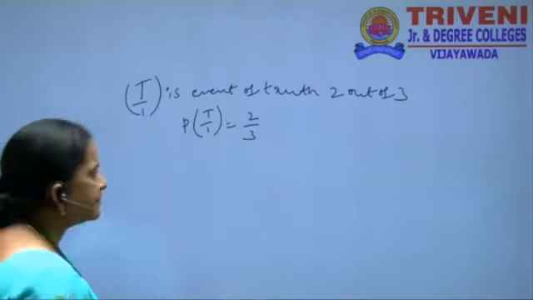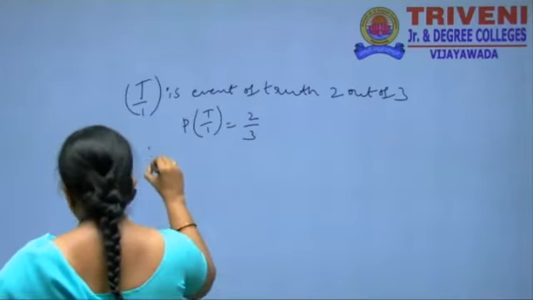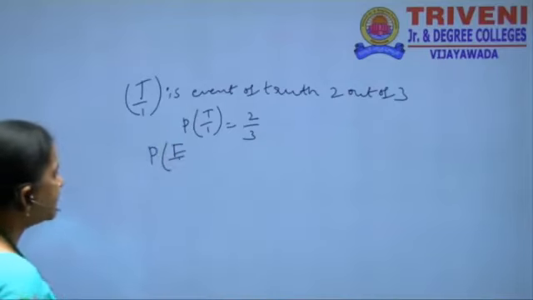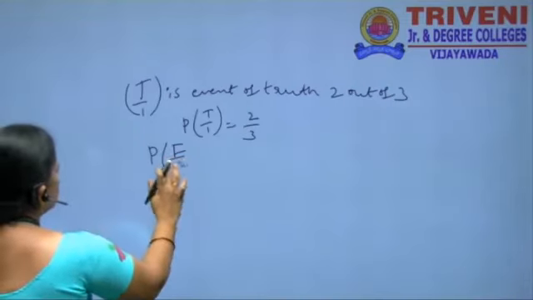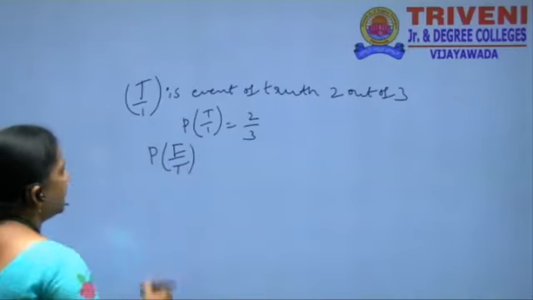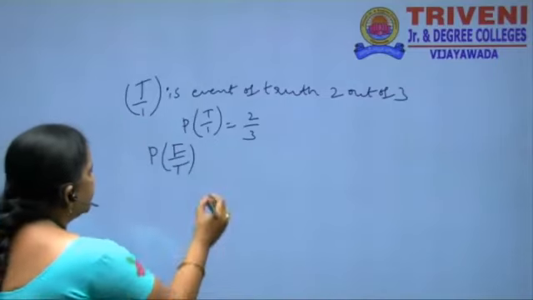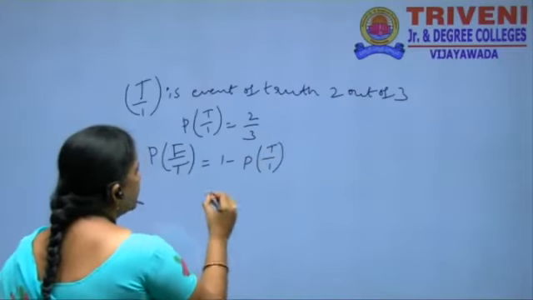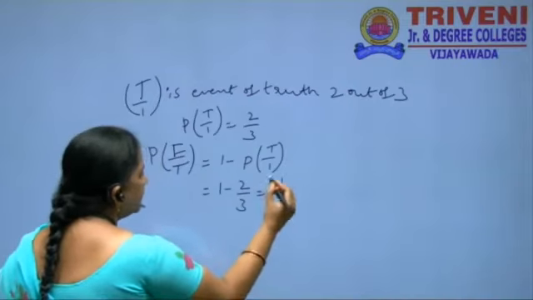This is the success rate, and then you have to find the failure rate also. The failure rate, F by T, is the chance of telling a lie, that is 1 minus P of T by 1, equal to 1 minus 2 by 3. It is nothing but 1 by 3.